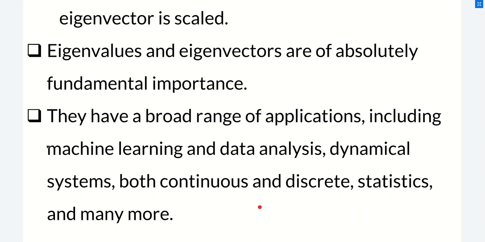Okay. So the eigenvalues scale it. The scaling can be shrinking or what? Stretching, right? So eigenvalues and eigenvectors are of fundamental importance. Their application is not only in machine learning, but you find it also in dynamic systems, both continuous and discrete, statistics, and all sorts of things.